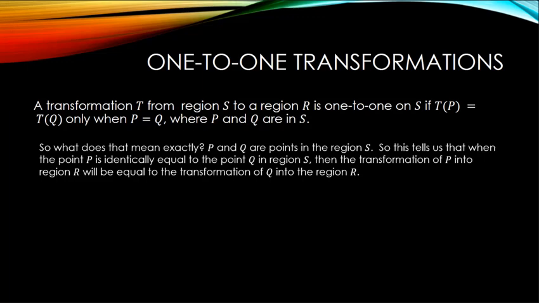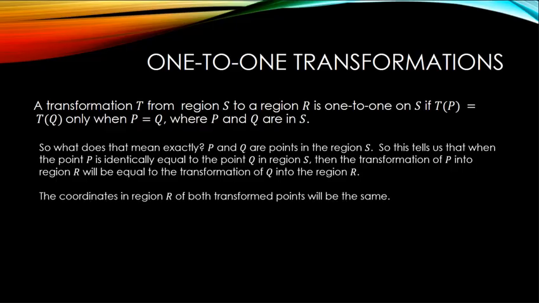P and Q are points in the region S. This tells us that when the point P is equal to point Q in region S, then the transformation of P into region R will equal the transformation of Q into the same region R. The coordinates in region R of both transformed points will be the same.